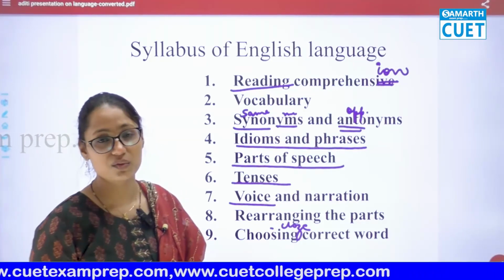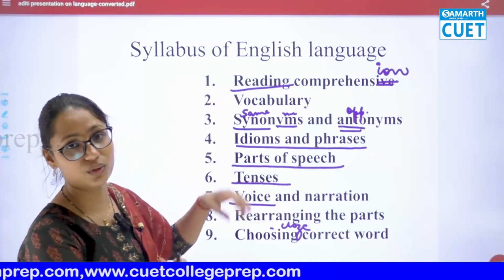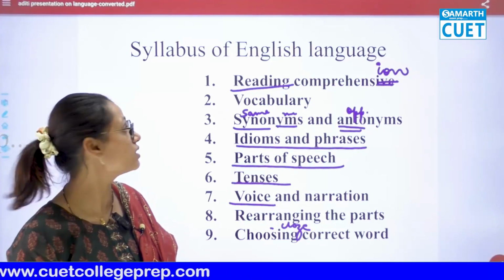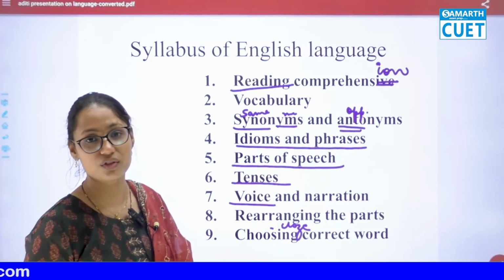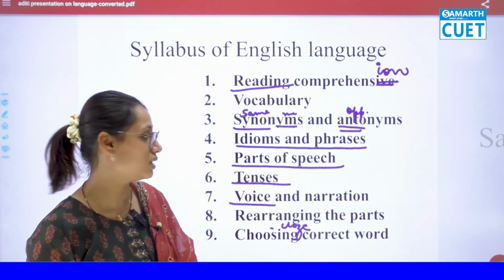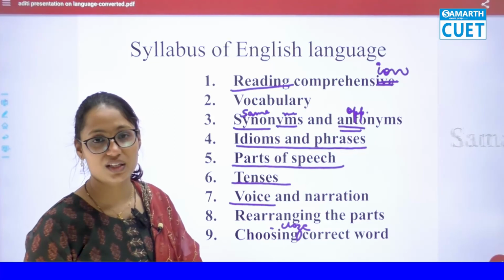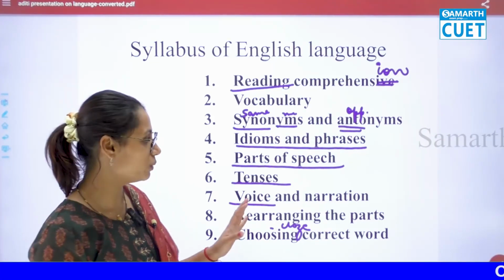So this is what I have told you till now: what is the syllabus of the English language, what is your exam pattern, but how you have to approach it, we have not discussed yet. English language cannot be taught just through videos.